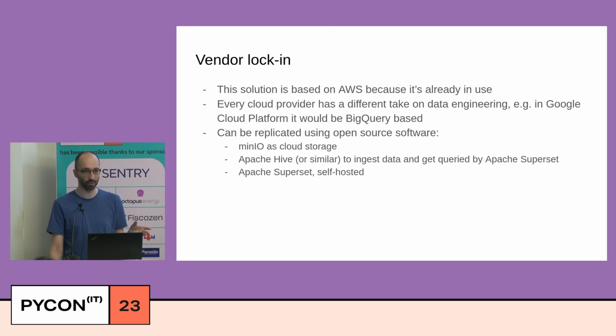You can then use Apache Hive or whatever other Apache project implements the same functionality to ingest the data from the object storage and provide something that Apache Superset can connect to, and Apache Superset has a connector for Hive. And of course, you can host Apache Superset yourself.